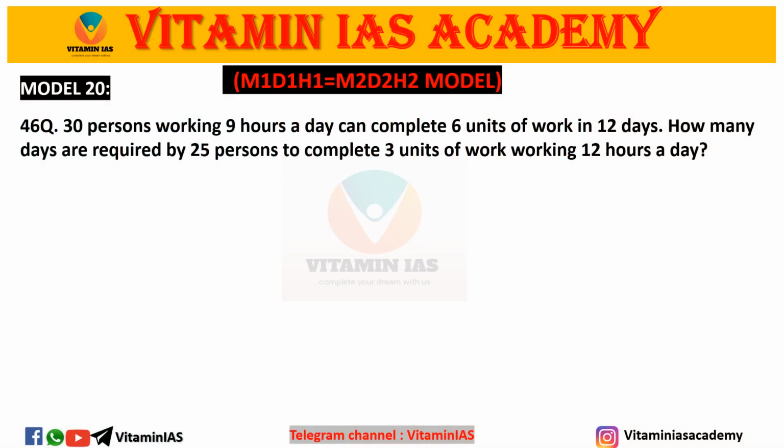Our next question: 30 men working 9 hours a day can complete 6 units of work in 12 days. Here M1 is 30, H1 is 9, and 6 units, so W1 is equal to 6, and D1 is equal to 12. And what about M2?